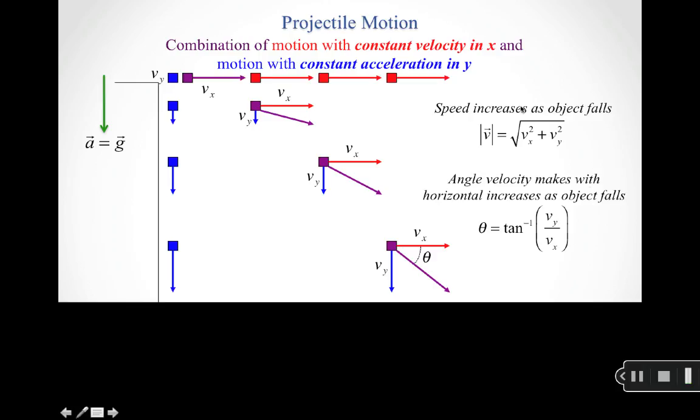So again, we know how to deal with calculating the magnitude and direction of the velocity vector. These are just patterns that we see, so that the speed is going to increase and the angle that the velocity makes with the horizontal is going to increase as our object falls back towards the Earth. Okay?